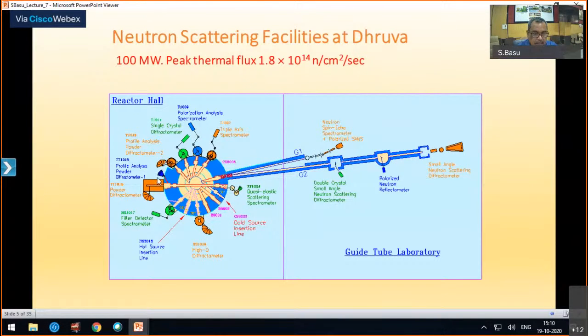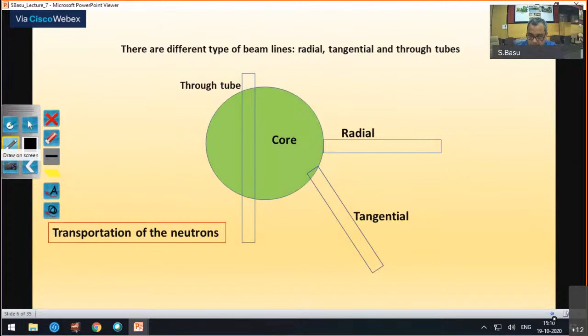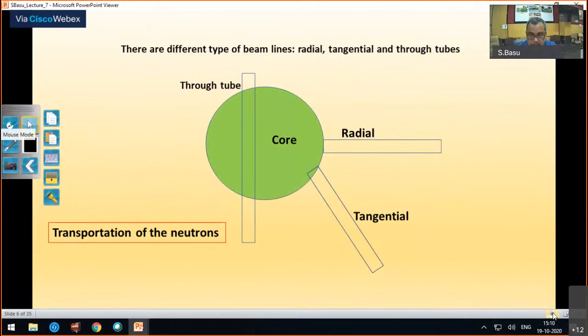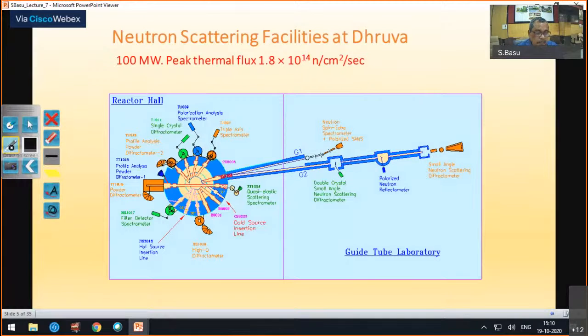By the time it has come out, it has fallen by a factor of 10 to the power 5. So actually I have got here at this point 10 to the power 9 neutrons per centimeter square per second. Compare this with the brightness of a bending magnet in a synchrotron.